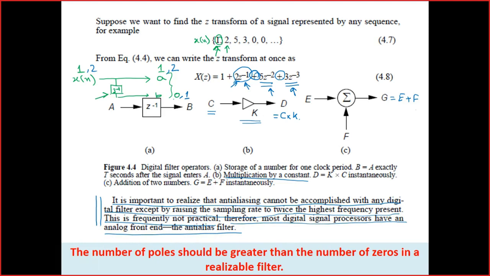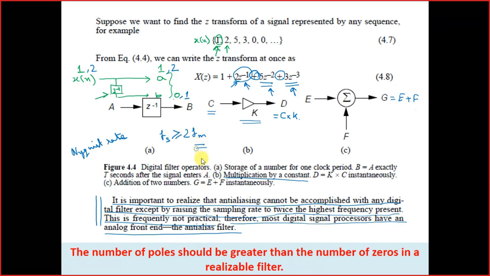In our previous class, we talked about the Nyquist rate. What does the Nyquist rate say? That the sampling frequency should be greater than or equal to 2 FM. So what is FM?